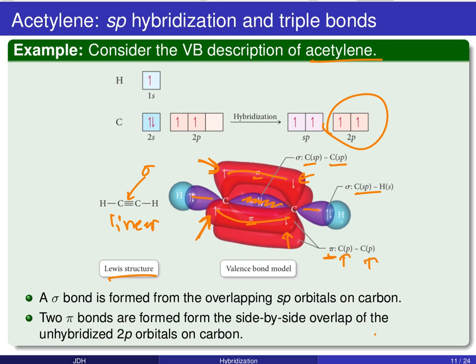Okay, so now you can see in action something that I mentioned earlier in a previous video, where that first bond that's formed is going to be a sigma bond, and these additional bonds, multiple bonds beyond one, are going to be additional pi bonds. Okay, so sp hybridization accounts for describing triple bonds, multiple bonds in general, double bonds as well, and allows us to describe these linear geometries.